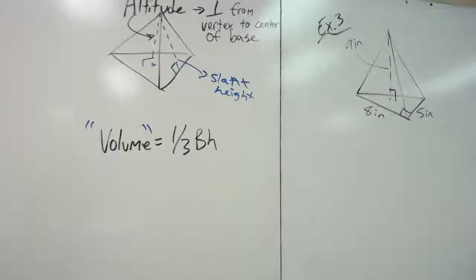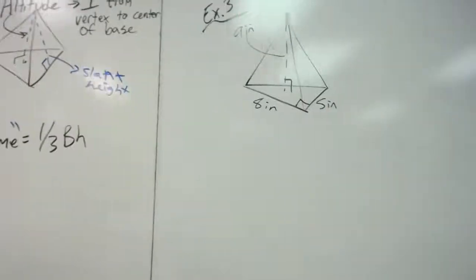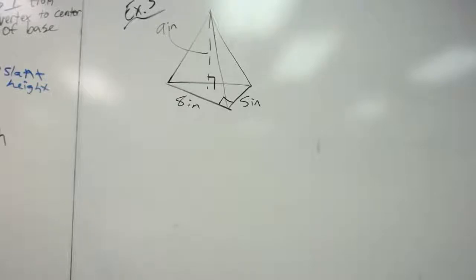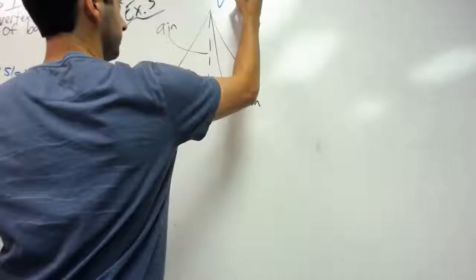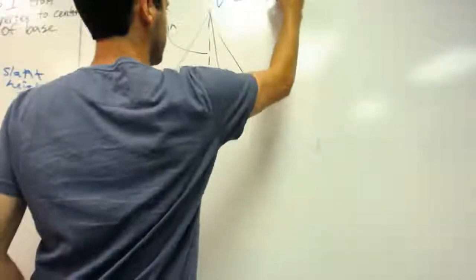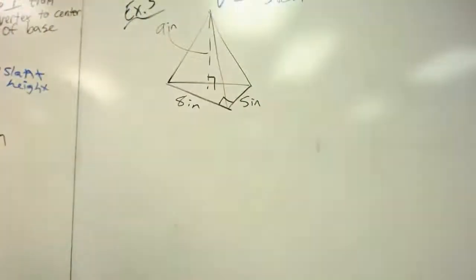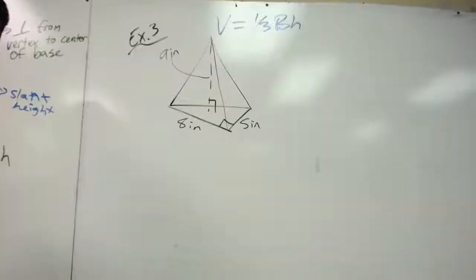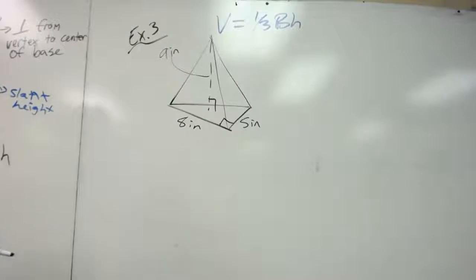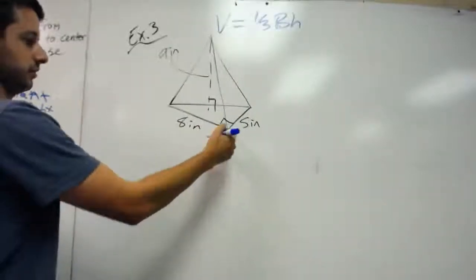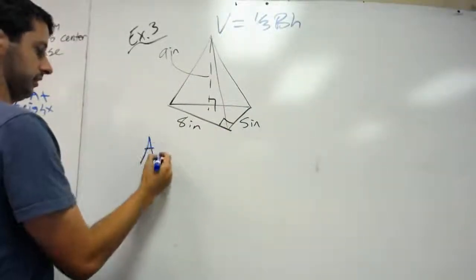So now let's look at one example. Example 3 wants the volume. We know volume equals 1/3 area of the base times the height. The area of the base here is a triangle. We like area of a triangle.